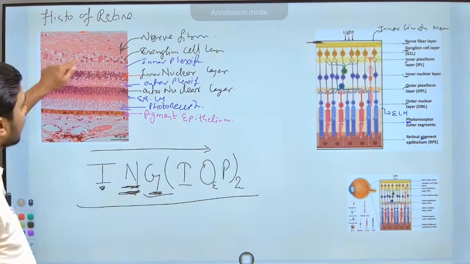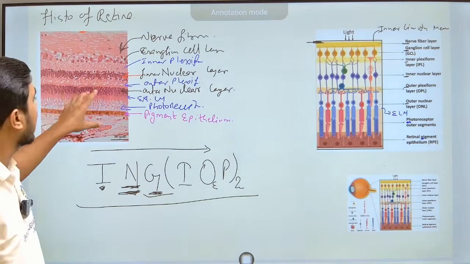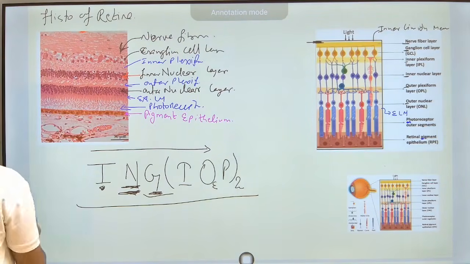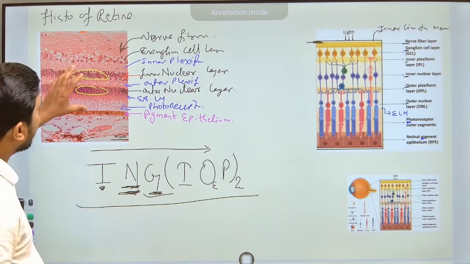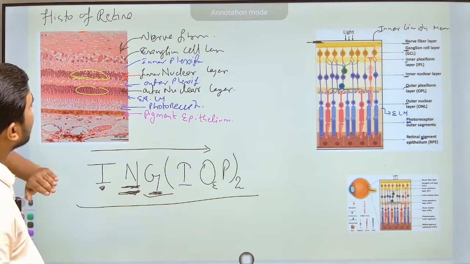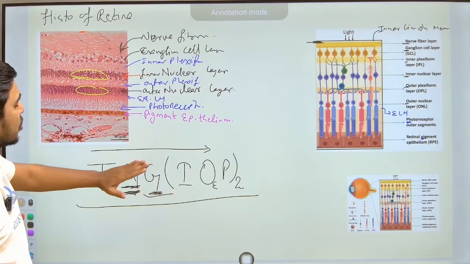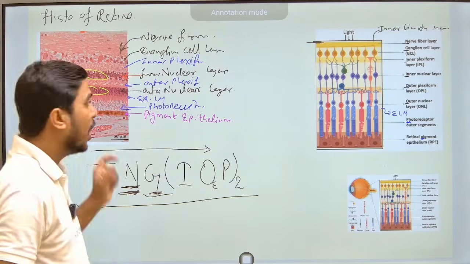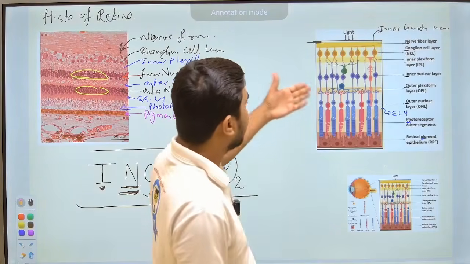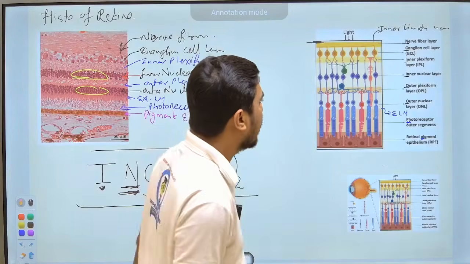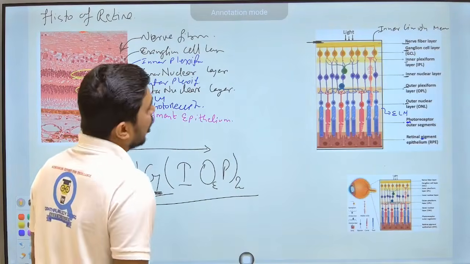So whatever they mark, just identify these two areas, the pigment area and the nuclear area. After you identify these, you can identify anything by knowing this mnemonic. Understood my point? This is the representative photo that I have given you here.